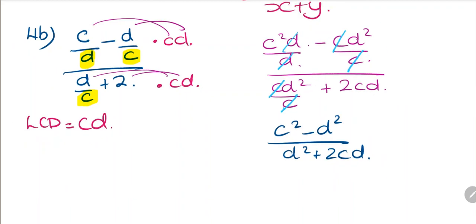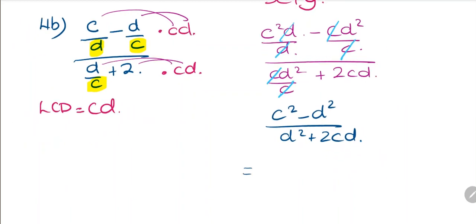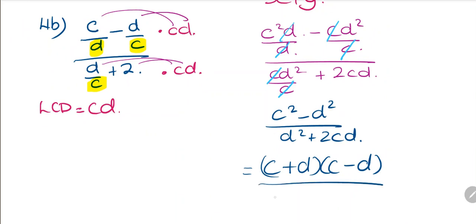Now we can factor this further. So this is going to be the difference of squares, so C plus D and C minus D. And then if we factor the bottom by D, we'll have D times D plus 2C. And there's our final answer.